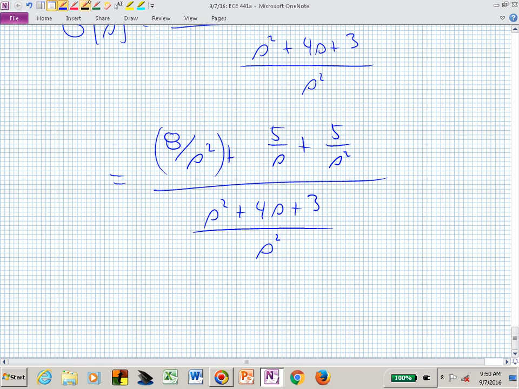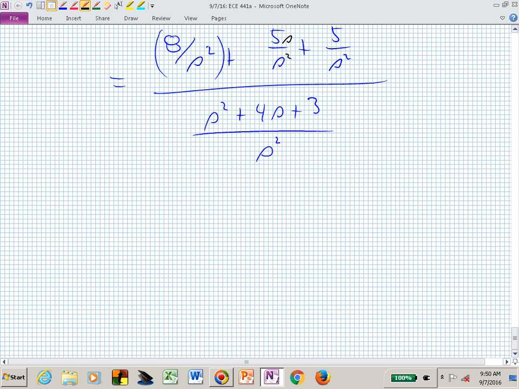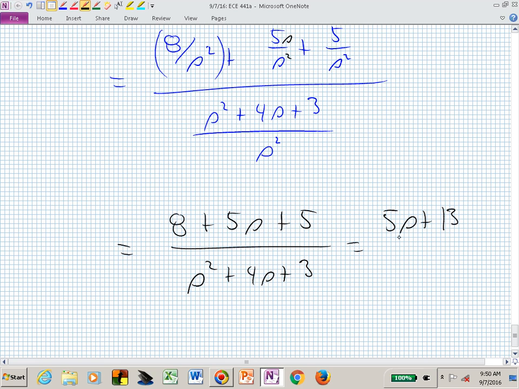And if I multiply by 1, s over s, I have a common s squared in all terms in the numerator and in the denominator, I now have 8 plus 5s plus 5 over s squared plus 4s plus 3, or I have 5s plus 13 over s squared plus 4s plus 3. There's my transfer function.